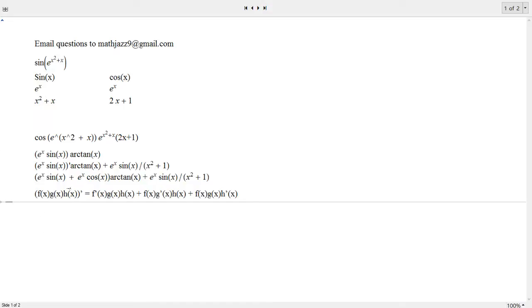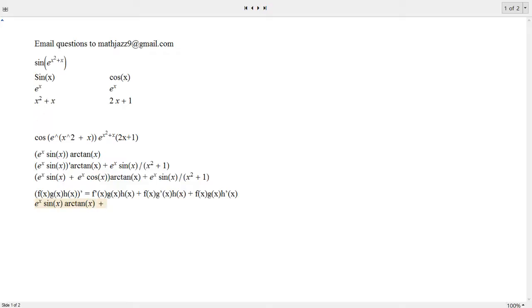So we will use this three-way product rule and show that it gives the same answer as the regular product rule. So our derivative based on this three-way product rule should be the derivative of e to the x is e to the x times the other two functions, sine of x and arctangent of x.